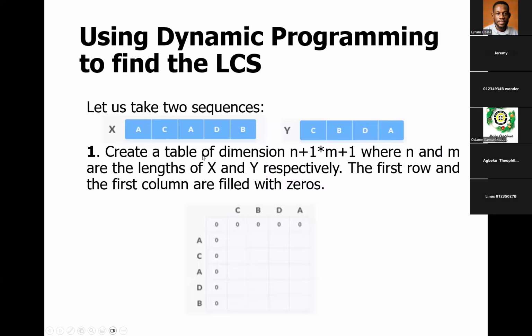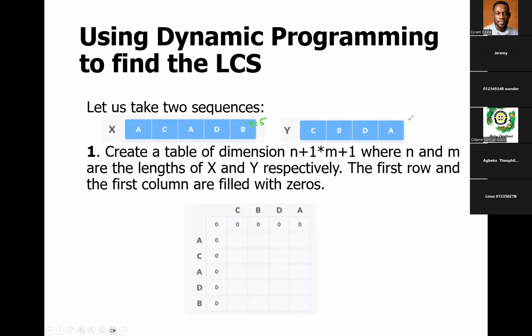Then it says create a table of dimension n+1 by m+1, where n and m are the lengths of X and Y respectively. So what's the length of X? Who can tell us? 5. The length is 5, so this is n. n is equal to 5.